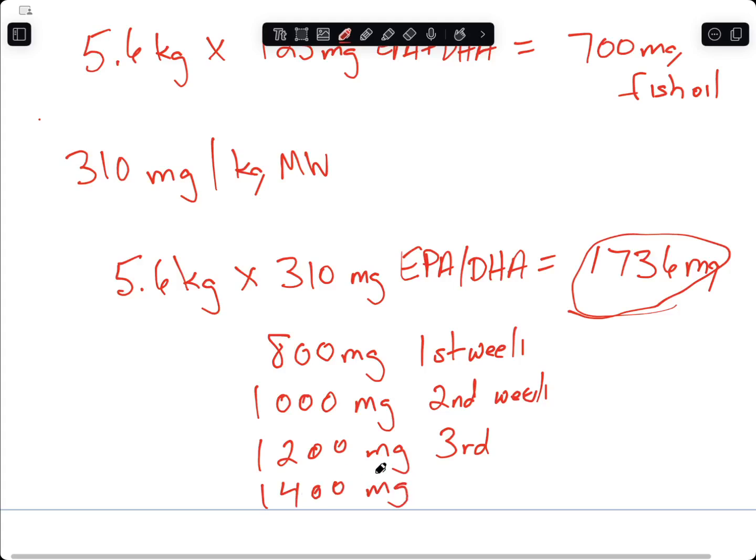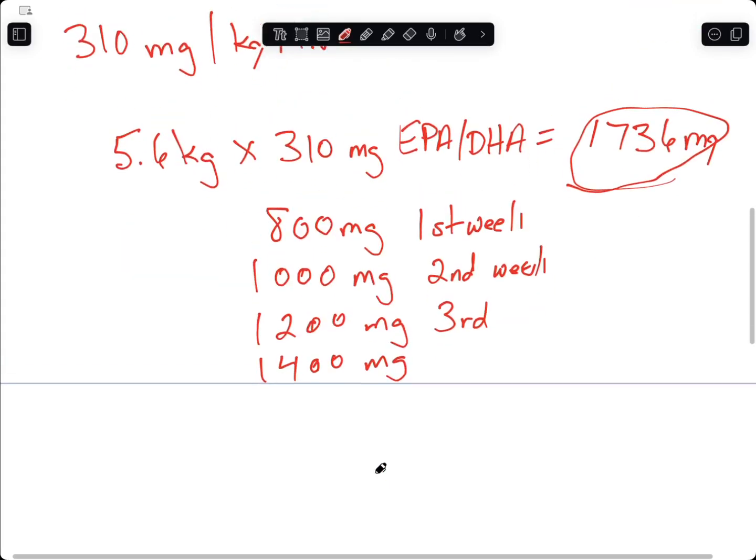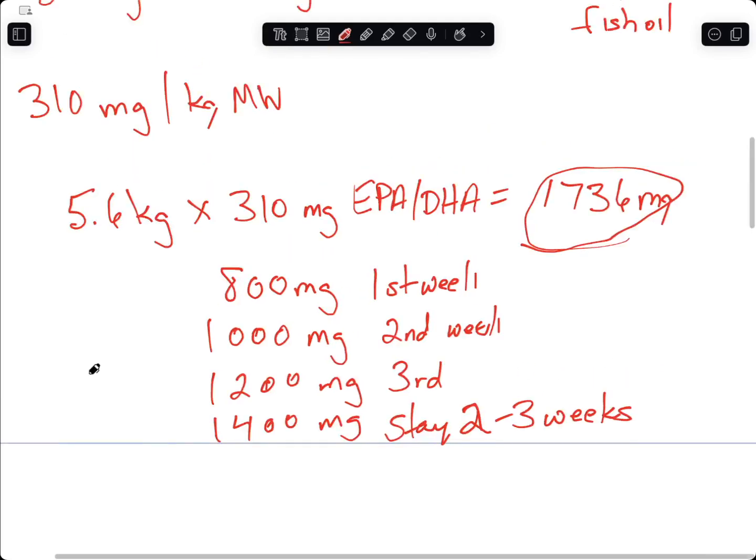And by this time, a lot of times the dogs might be getting some loose stool. So you may have to stay at this level for another 2 to 3 weeks. And you're going to see some improvements just from increasing that dosage. Then maybe you can go up and start a little bit higher and eventually end up at the 1,700 milligrams in order to help.